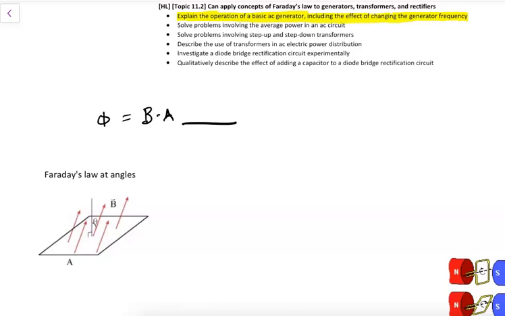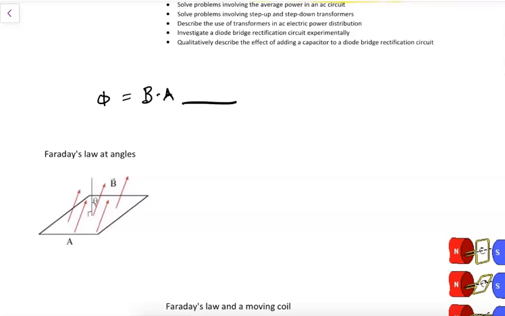For the most part, we have just assumed that the magnetic field lines and the area that it's passing through are perpendicular to each other. That isn't always the case, especially when we have a rotating coil, which is what is inside a generator. So we have to start looking at how much flux is actually passing through that area.